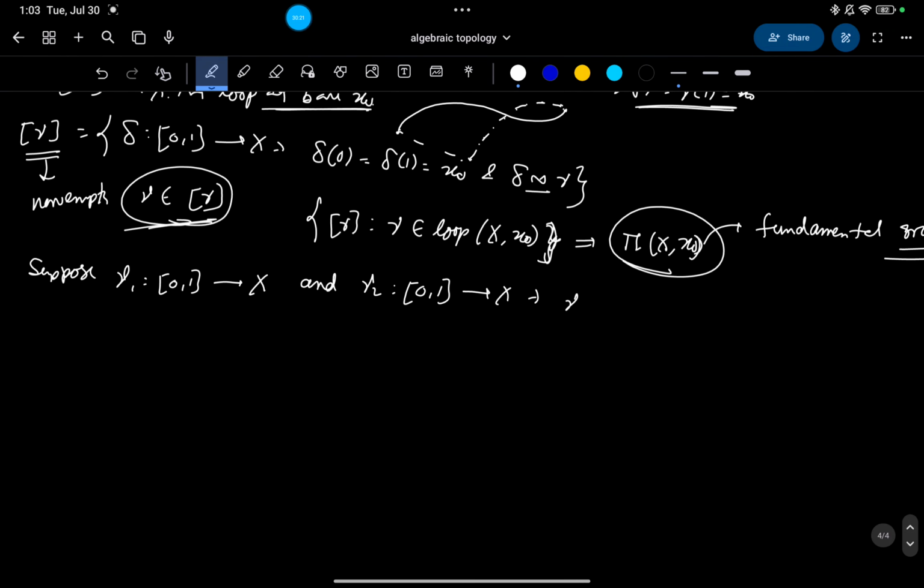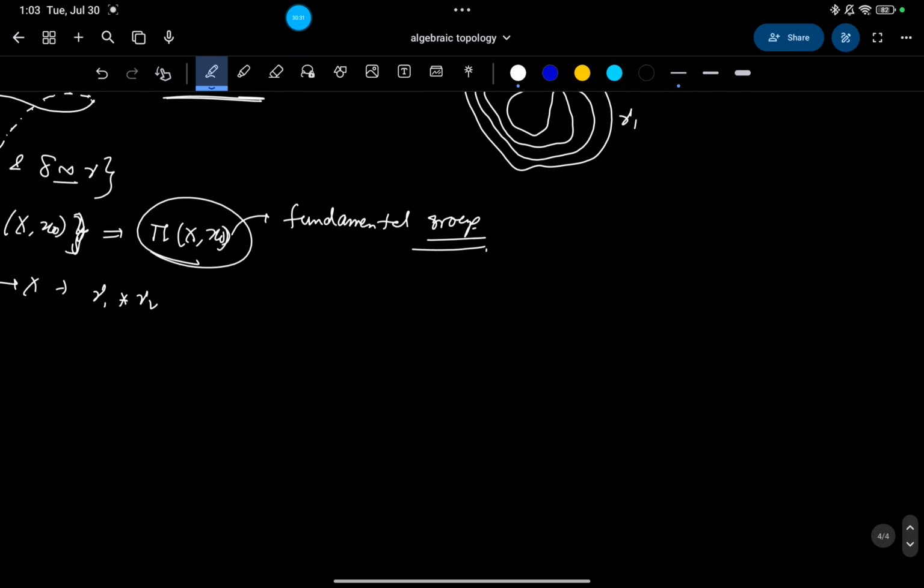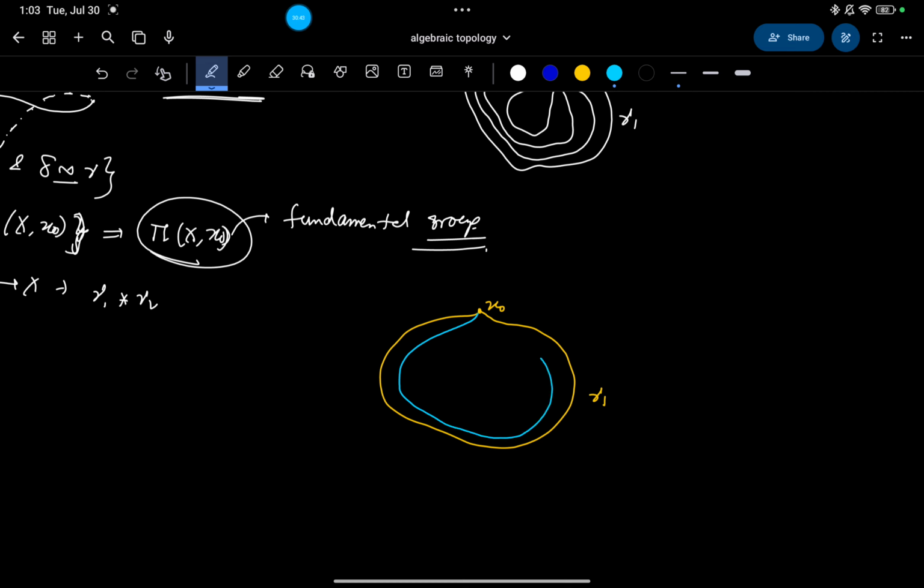Alright, so let us consider gamma 1 and gamma 2. I will concatenate these two paths. What is the geometrical approach? Suppose this is my small x naught. I have gamma 1 here, and another map like this, gamma 2.